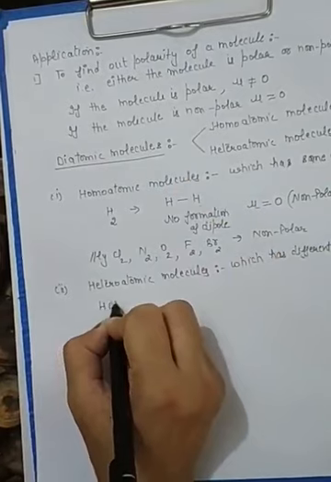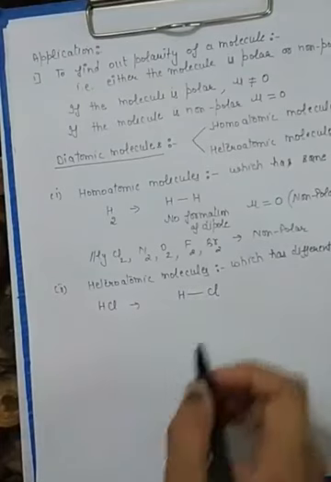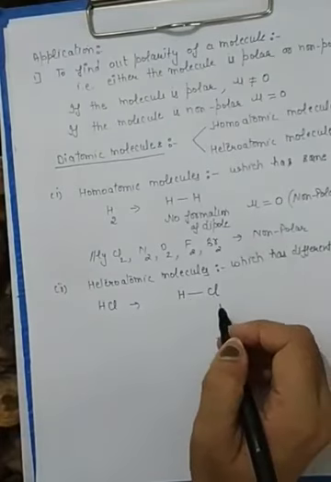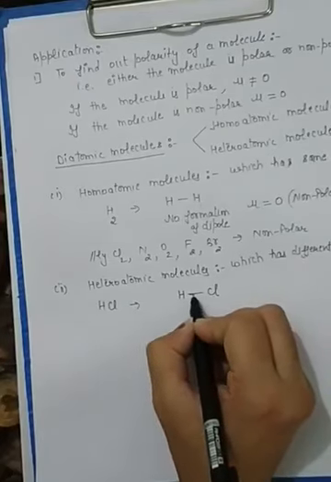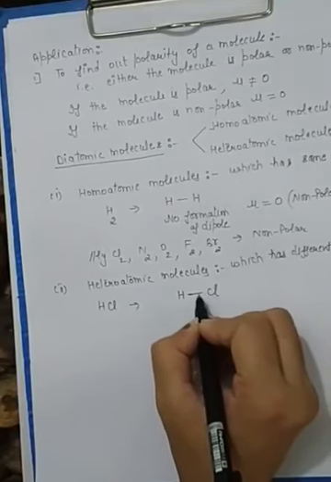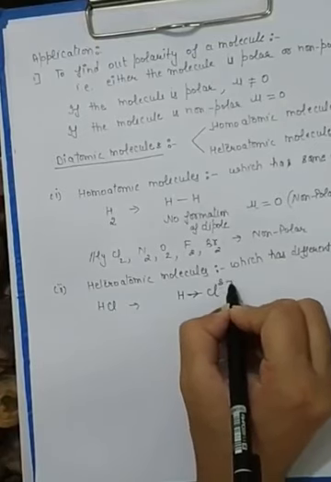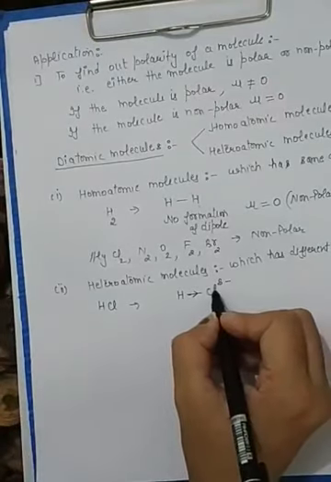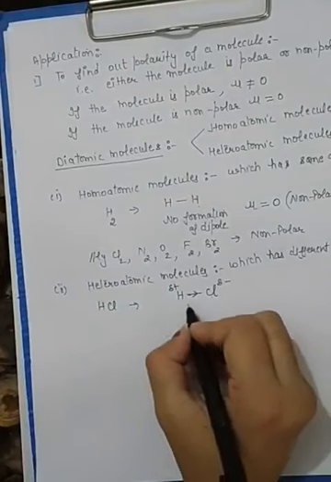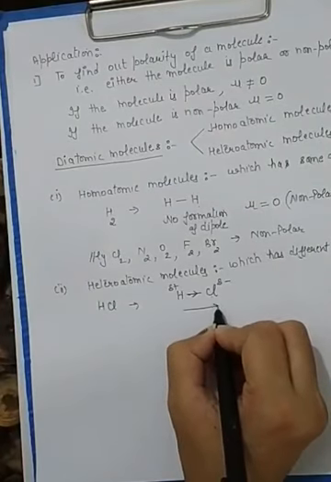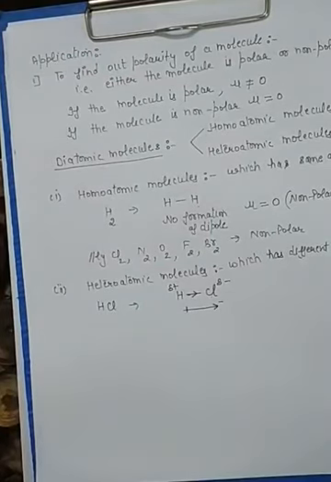For example, HCl, here hydrogen and chlorine are bonded, in which their electronegativity difference is different. So the more electronegative element attracts the bonded electrons toward itself, hence carries a partially negative charge and gives the other a partially positive charge. It means formation of dipole takes place, and the direction is from less electronegative to more electronegative.